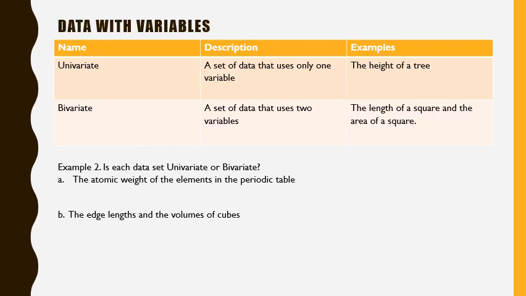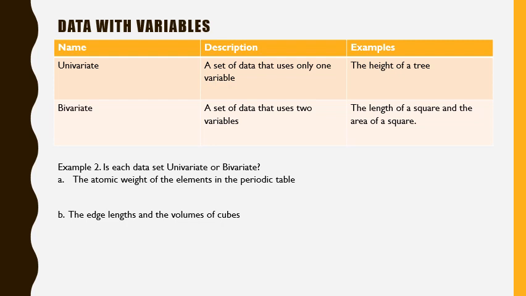Alright, so next we have data with variables. So we could have a univariate or a bivariate. The first one is a set of data that uses only one variable, and the other one uses two variables. For example, the height of a tree, we're only measuring the height, so that's one variable. Then the length of a square and the area, well, that's using two things now.